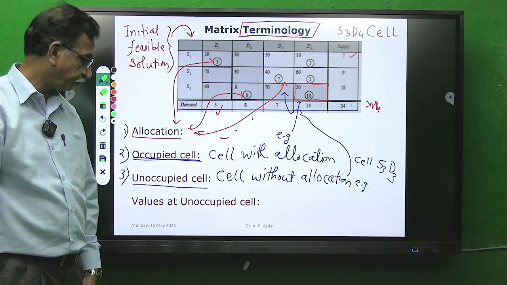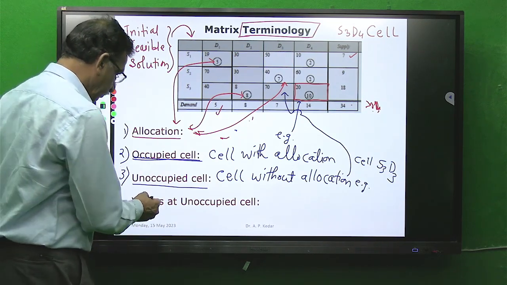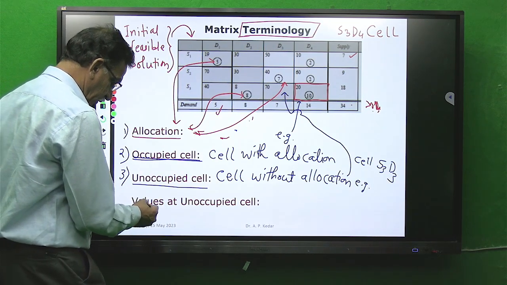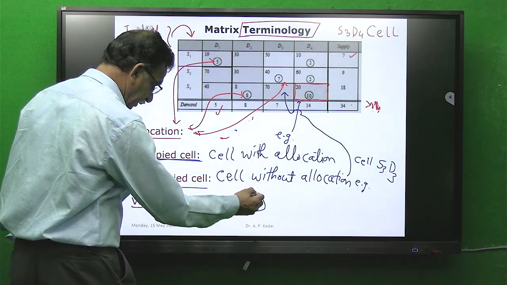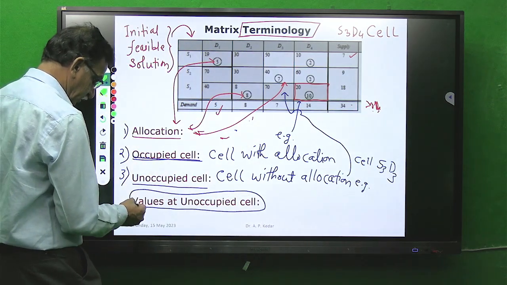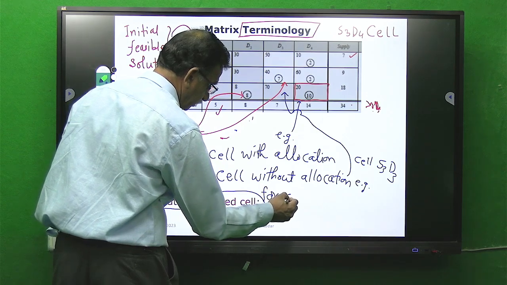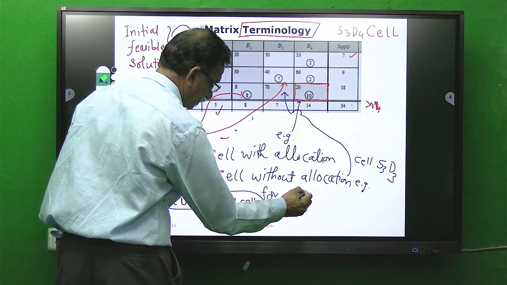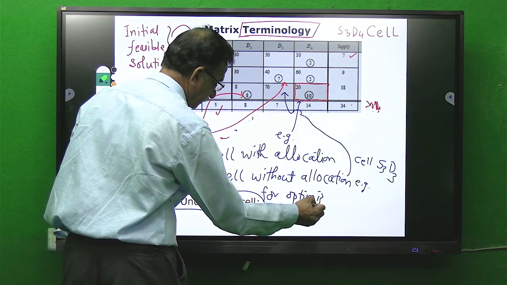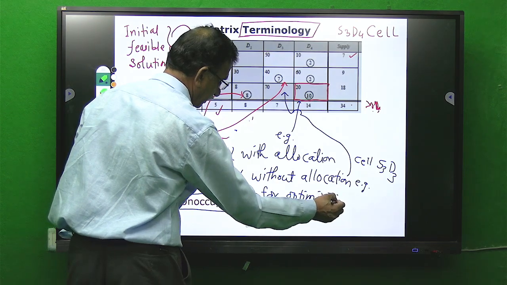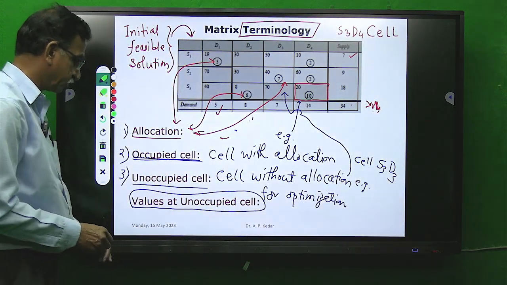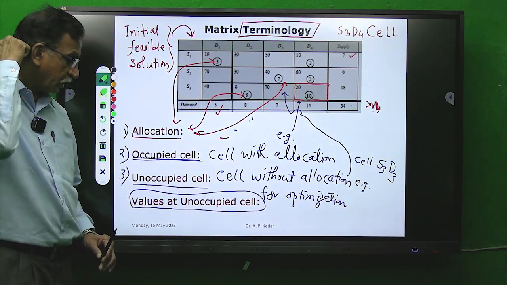Simple, very simple. Now this is the deciding factor for optimization. This is the deciding factor for optimization: the values at unoccupied cells.